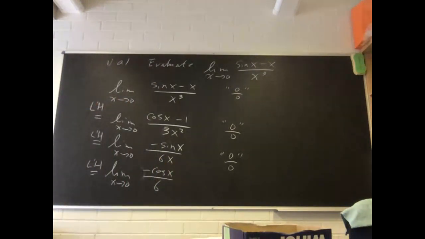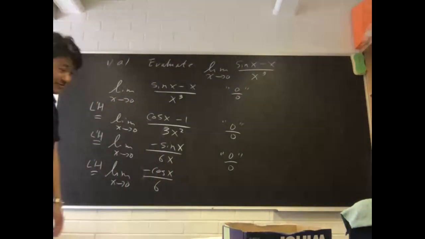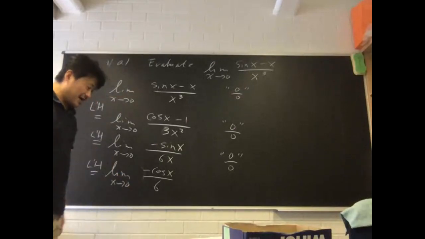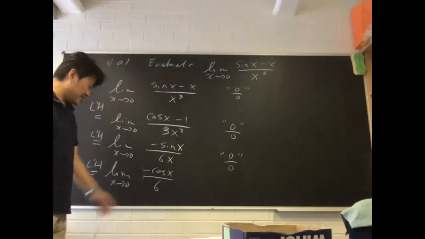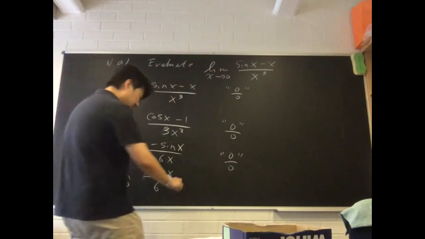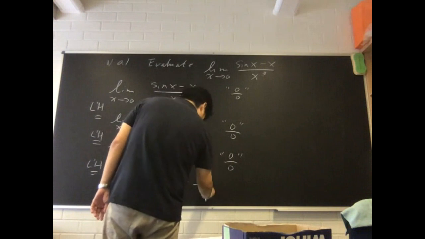So now if I take x to 0, I no longer have a 0 in the denominator, and upstairs I get a minus cosine of 0, which is 1. So this whole thing becomes minus 1/6.